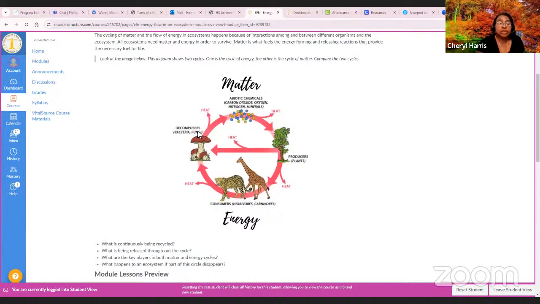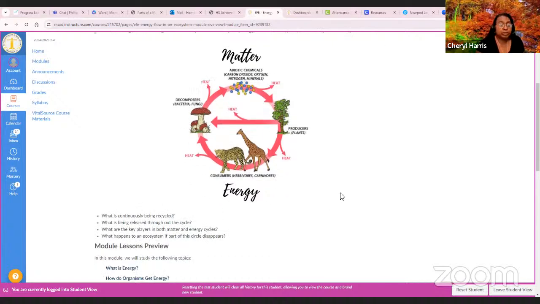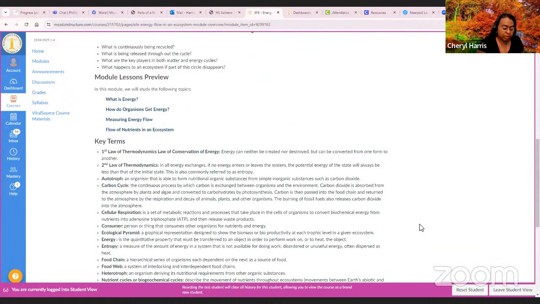The top cycle has matter, and the bottom cycle talks about energy. So that's what we're going to be looking at, the relationship between living things in an ecosystem and the non-living things in an ecosystem.